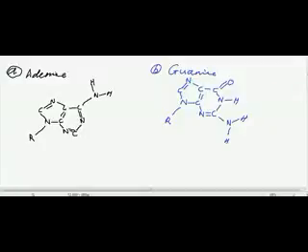Now, the other two base pairs are the following. As you remember, we said C, or number 3, was in fact cytosine. And it has a much simpler structure than the previous two, because it only has one cyclic component.